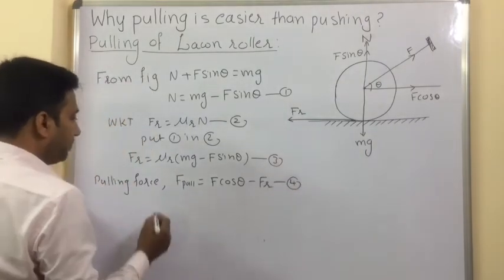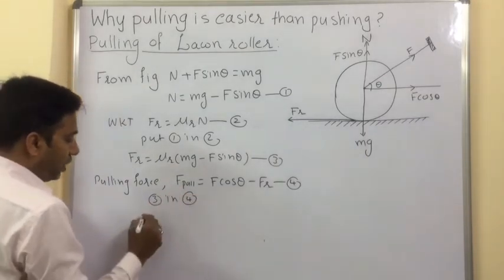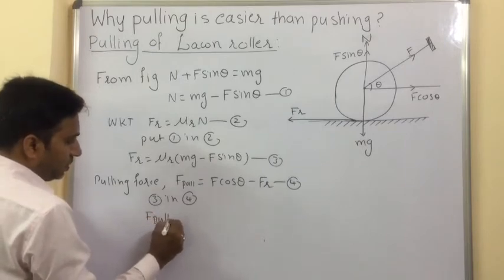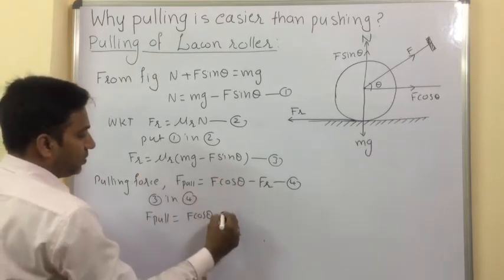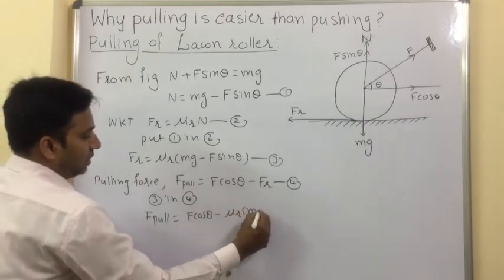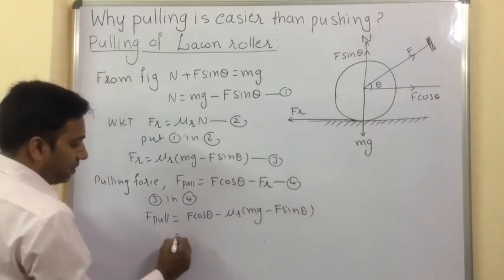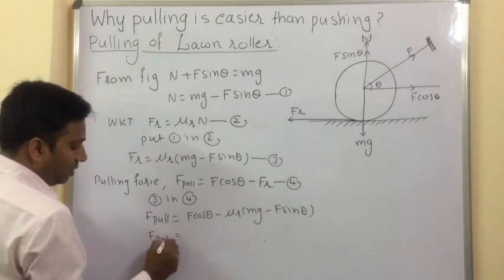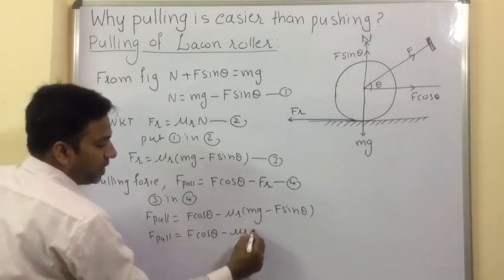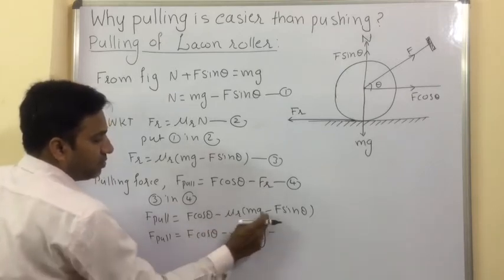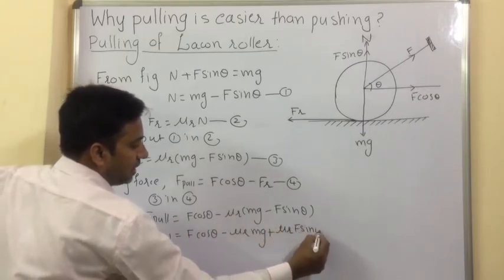Put 3 in 4. So F pull equal to F cos theta minus, in place of Fr write this complete value, mu r into mg minus F sin theta. Next step, F pull equal to F cos theta minus mu r mg, simply I am multiplying this, minus into minus plus mu r F sin theta.